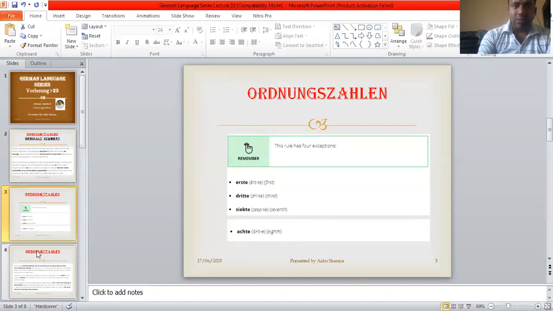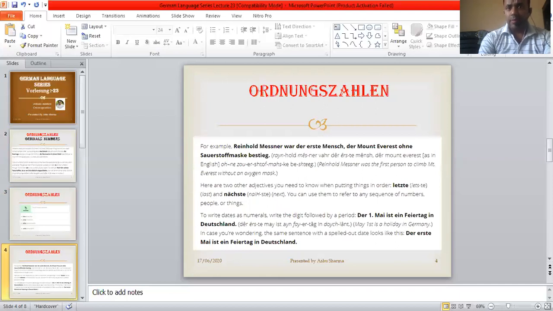For example, you can say in German: Reinhold Messner war der erste Mensch, der den Mount Everest bestieg. In English: Reinhold Messner was the first person to climb Mount Everest without an oxygen mask.